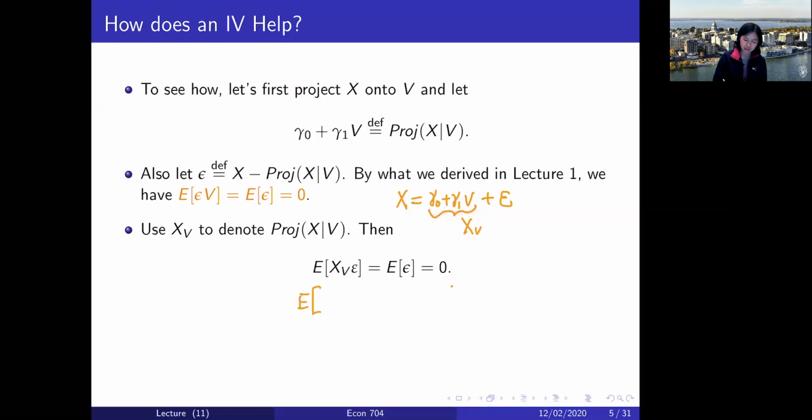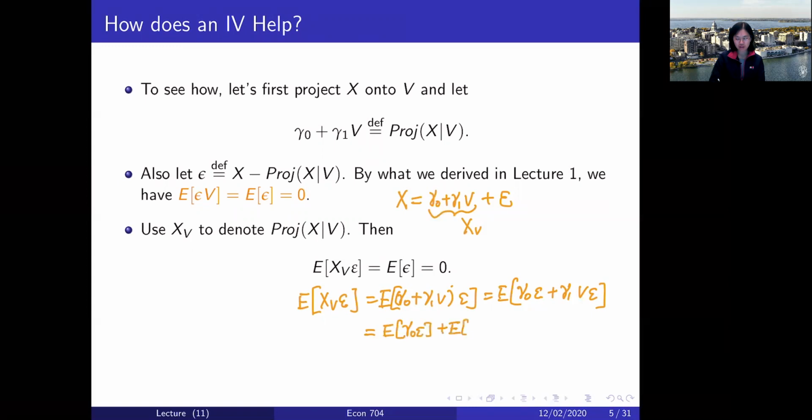That's easy to see. E x_v epsilon equals E of gamma 0 plus gamma 1 v times epsilon, which equals E gamma 0 epsilon plus E gamma 1 v epsilon.